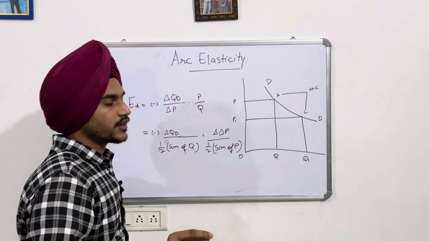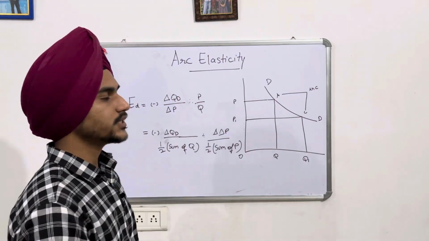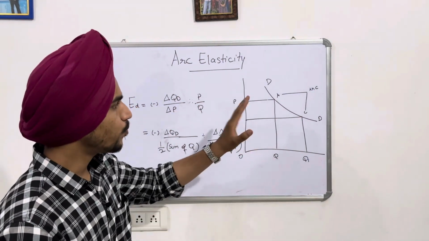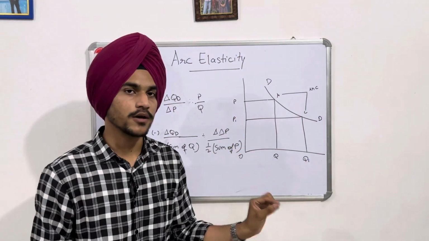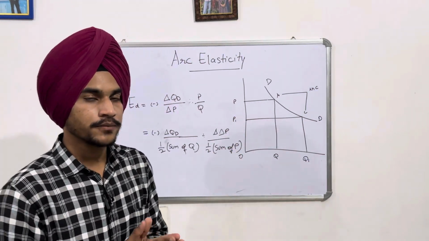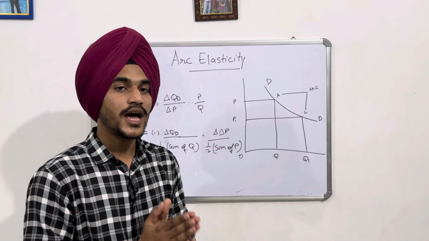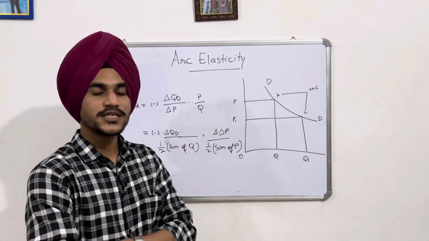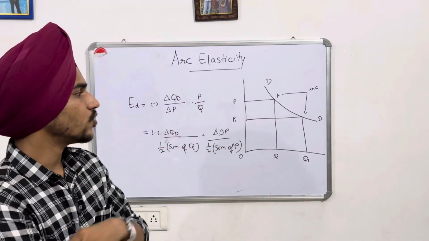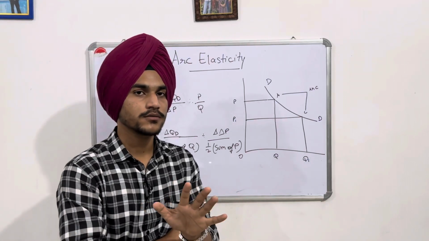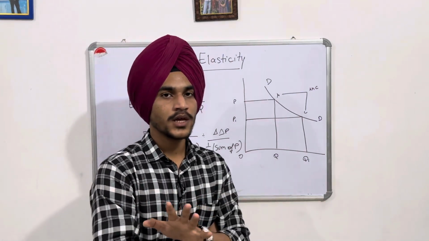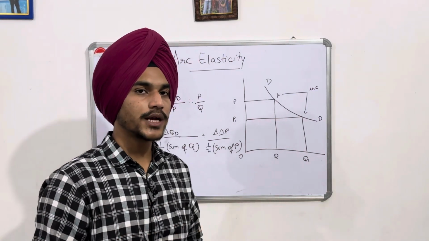So in previous methods, we calculated the price elasticity at any point on the demand curve. But the price elasticity at any point was not very important data for any entrepreneur. Let's try to understand it practically.